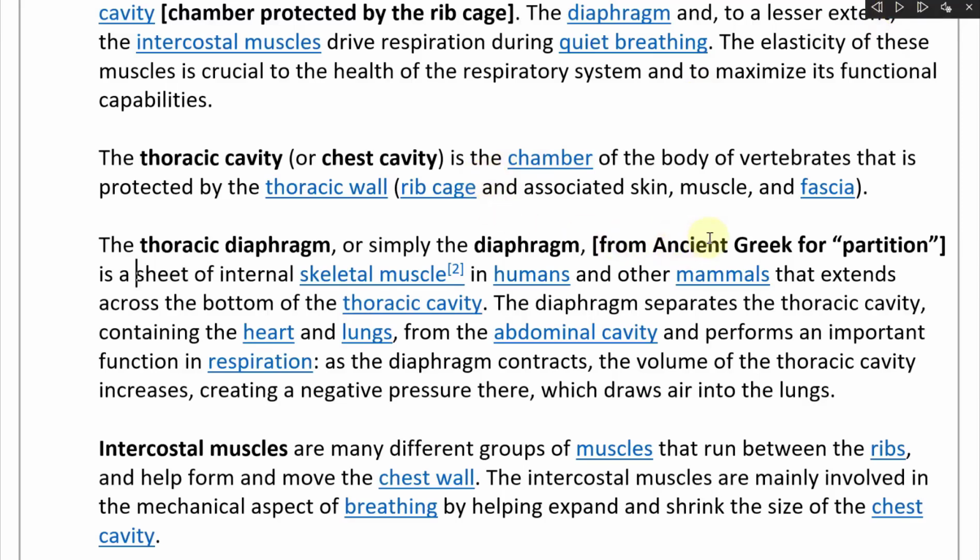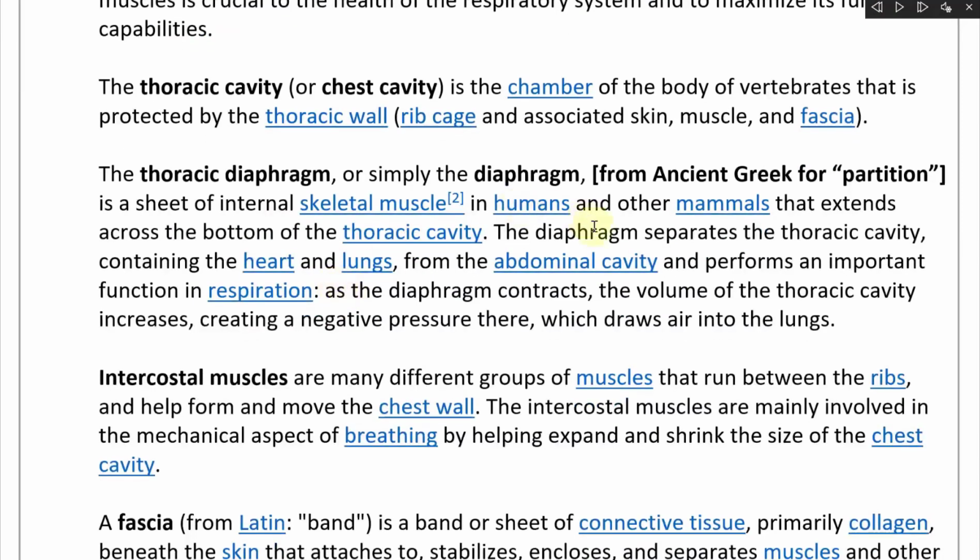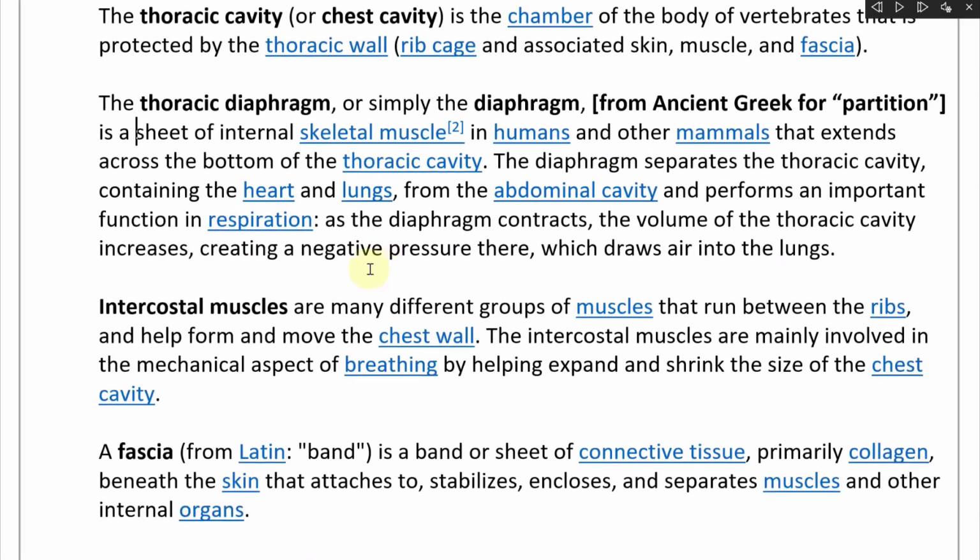The diaphragm is a sheet of internal skeletal muscle in humans and other mammals that extends across the bottom of the thoracic cavity. The diaphragm separates the thoracic cavity, containing the heart and lungs, from the abdominal cavity and performs an important function in respiration.